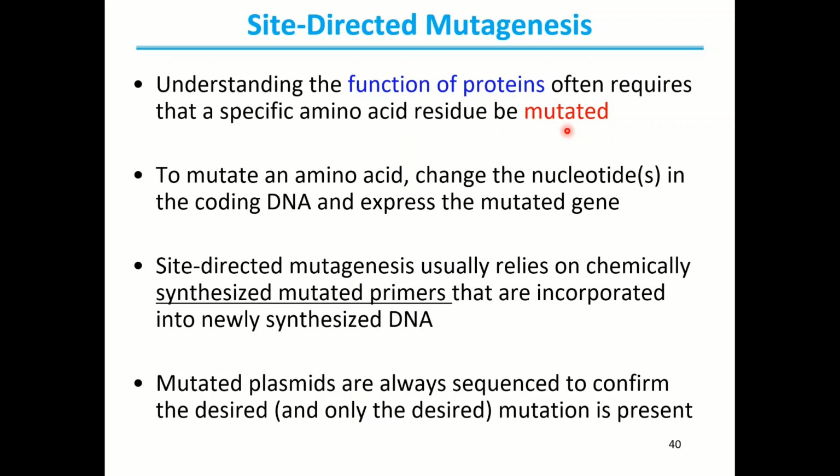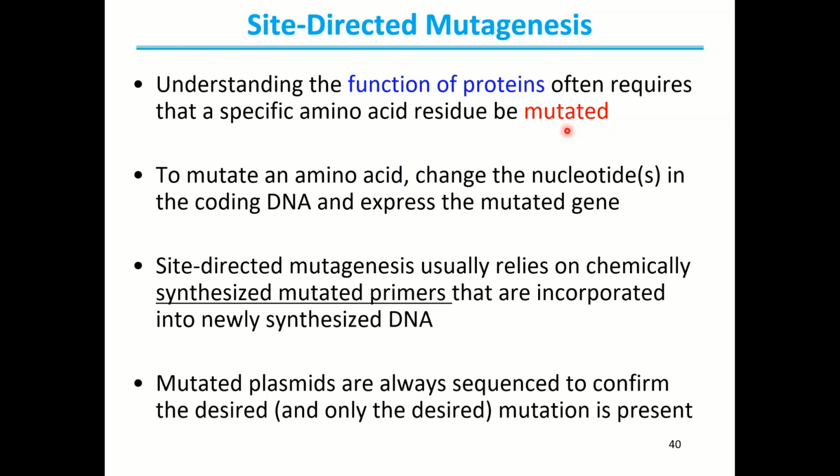Another reason you might want to add mutations is for binding particular labeling molecules. Sometimes things will only bind to certain amino acids, so you want to put a specific amino acid in a certain site in a protein that you can then bind a labeling molecule to.